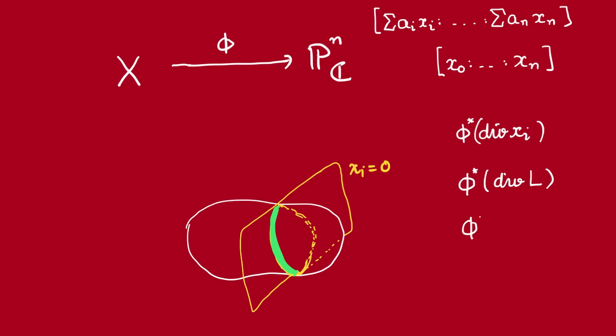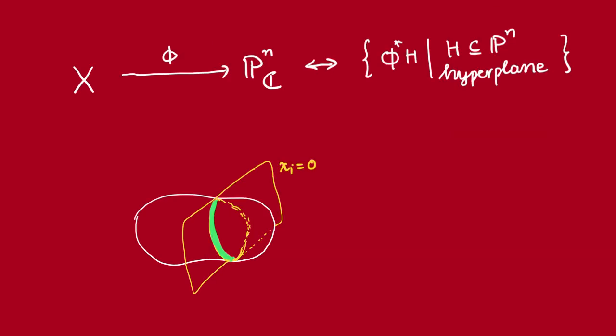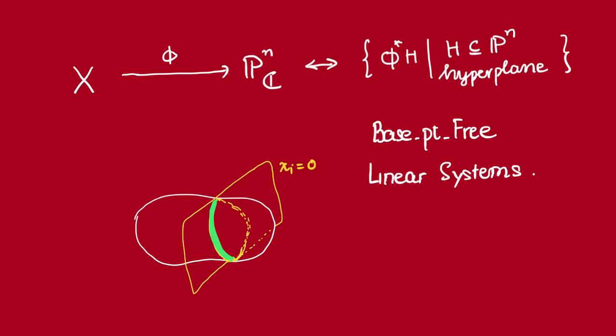We might also write this as phi star h, where h is the hyperplane cut out by the linear form L. Thus, given a map from X to the projective space, we have associated to it a collection of divisors, which are the pullbacks of hyperplanes in Pn. Now the question is, which collections of divisors arise this way? The answer turns out to be the collections of divisors that are base point free linear systems. So let's review what these things mean.